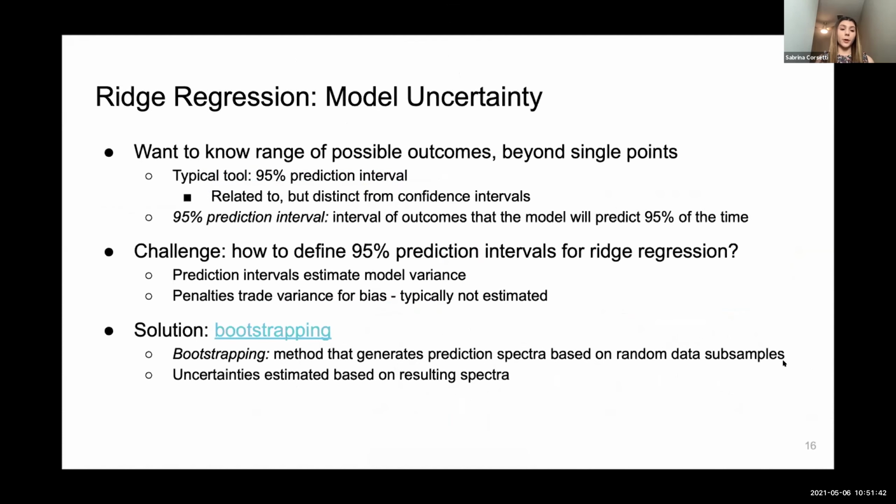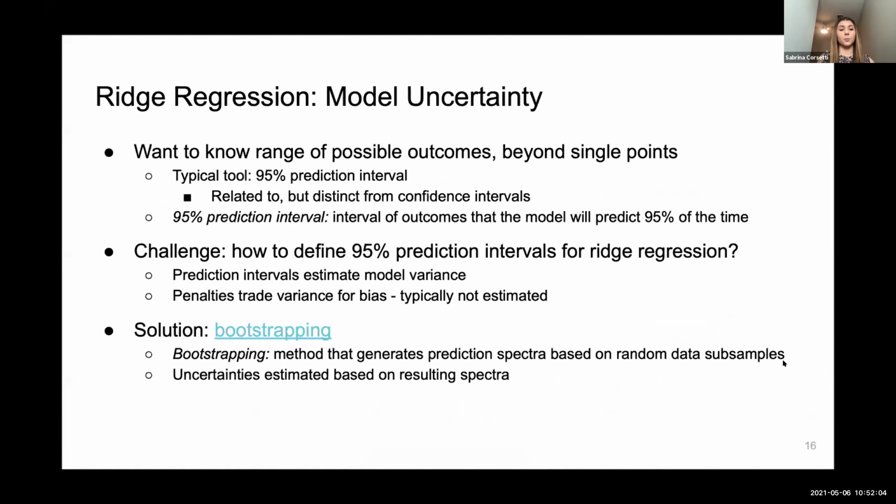Now, when we make our predictions using this model, we don't just want to know a single possible outcome. We want to know the range of outcomes so that we can understand all of the directions that the pandemic could possibly go. And a good tool for this is 95% prediction intervals, which are similar to a common concept of confidence intervals.